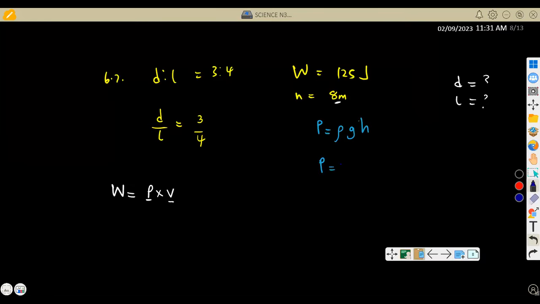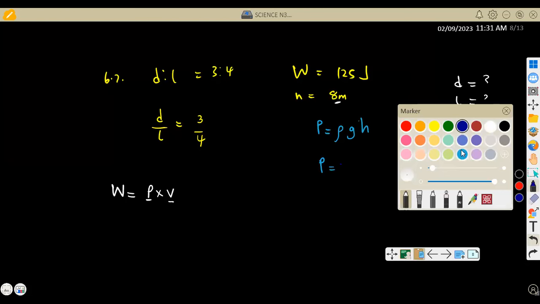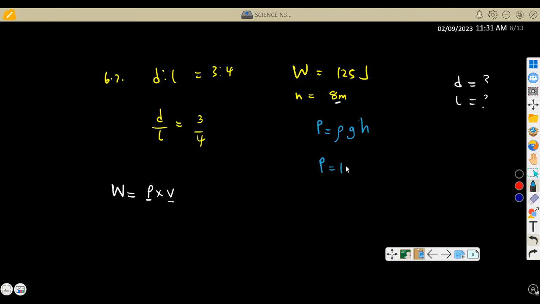So this is going to be the density of water, 1,000, multiplied by 9.8 for the gravitational acceleration, times the height of 8 meters.